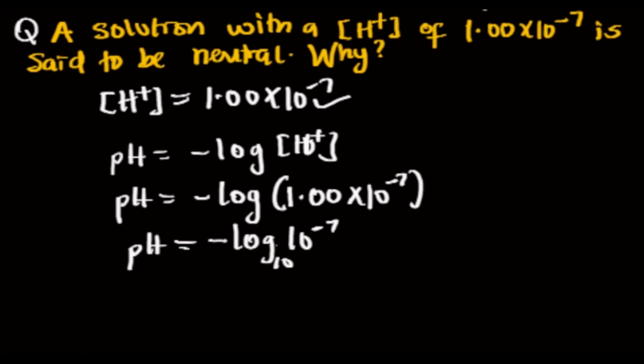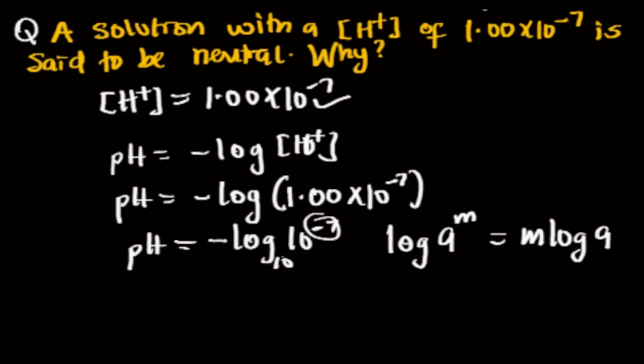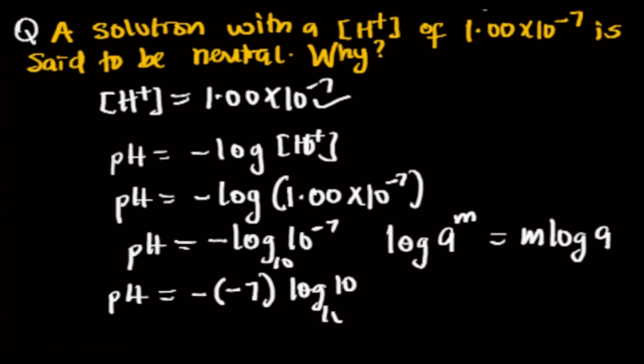So if I apply the logarithm identity, that whenever I have log a raised to the power of m, it is equal to m log a. In this case, this is going to be my m, and this 10 is my a. So if I bring down the m according to this identity, I'm going to have pH equal to negative, now look at this, open a bracket, minus 7, which is the power. You bring it down, and we have log 10 base 10, and log 10 base 10 is equal to 1, right?